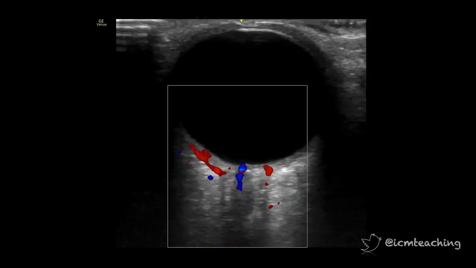So, there are a few really important take-home messages. Firstly, we need to make sure we know what we're looking at and how to optimize our pictures. So center the nerve in your image so it's running straight down from the back of the eye. Next, you need to identify the bulge of the optic disc. You need to use colored Doppler to make sure it's the nerve you are seeing rather than artifact, and that it's running in a straight line.